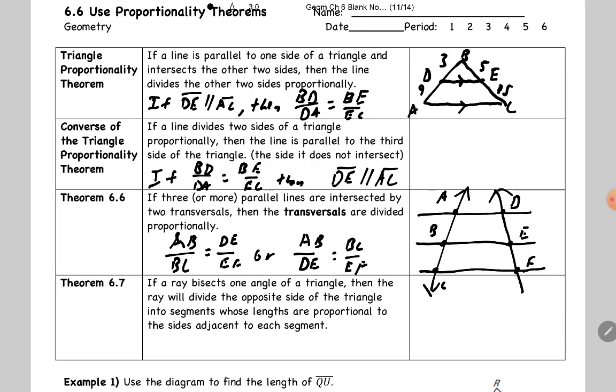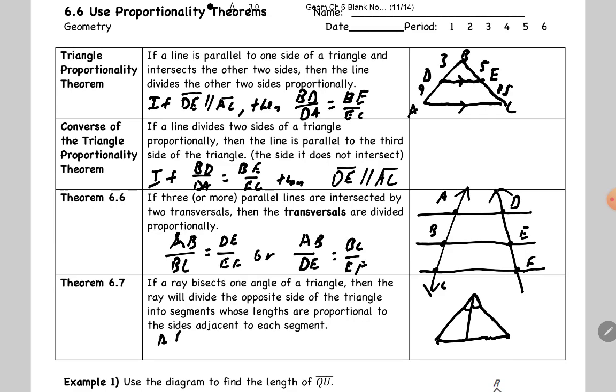And then lastly, if a ray bisects one angle of a triangle, so this angle is congruent to that angle, then the ray will divide the opposite side of the triangle into segments whose lengths are proportional to the sides adjacent to that segment.